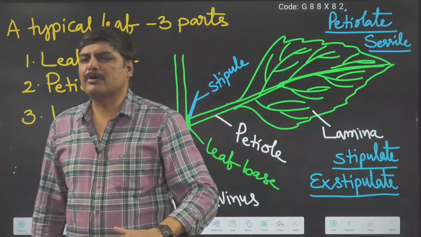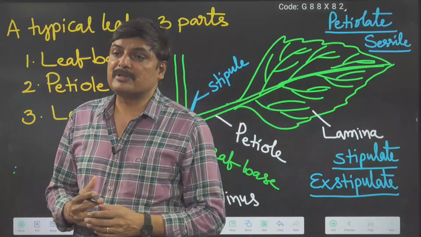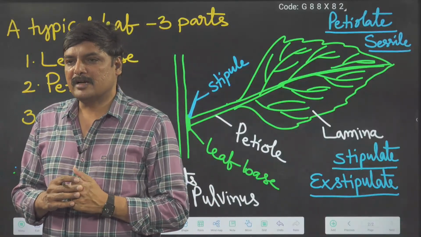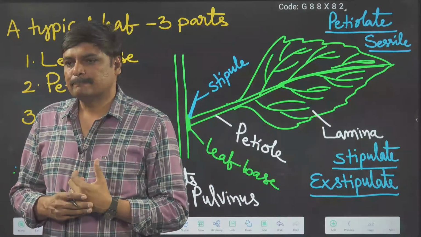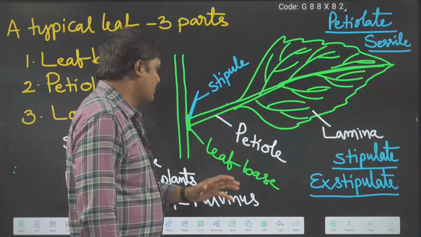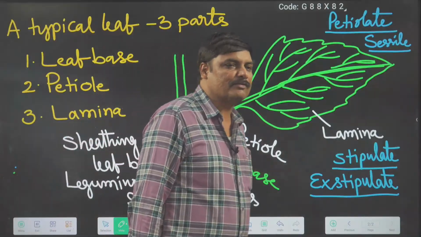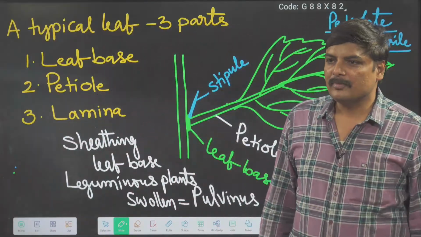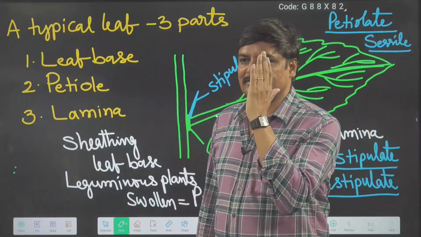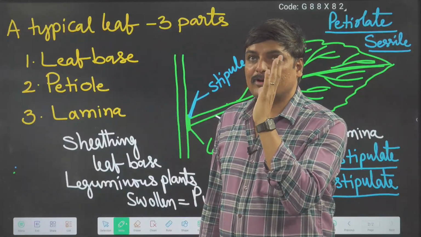All are very important as far as the NEET exam is concerned, and these are the basics for better understanding of the morphology. Okay? Right. What is the function of the petiole? Petiole holds the lamina for sunlight.